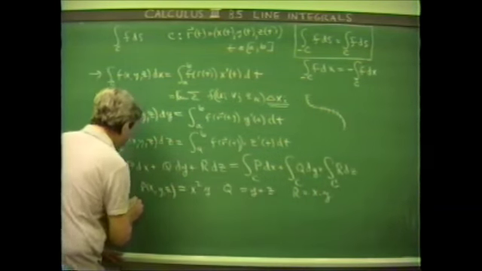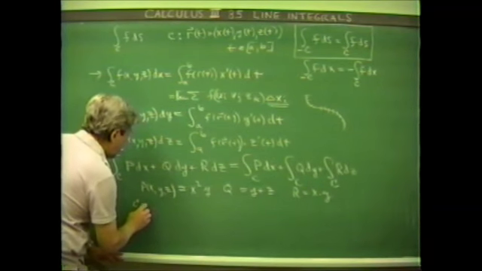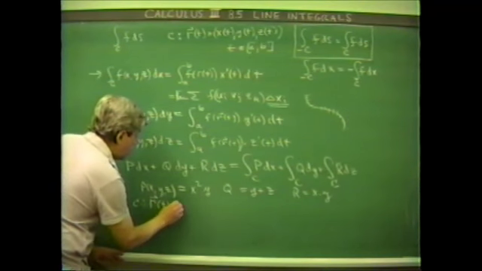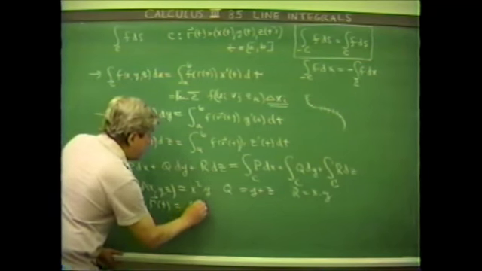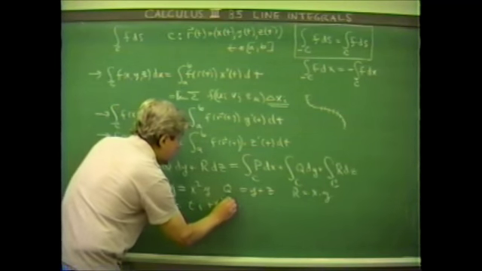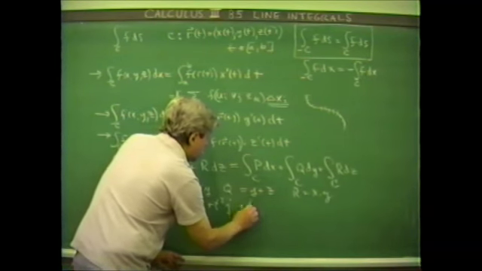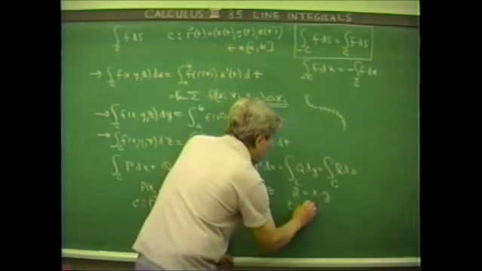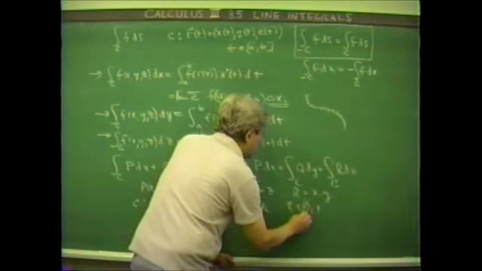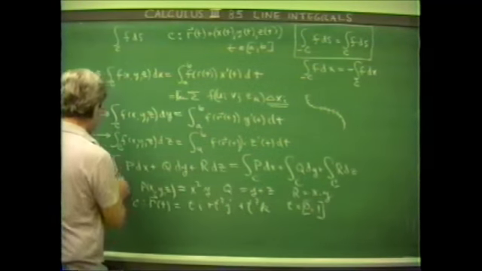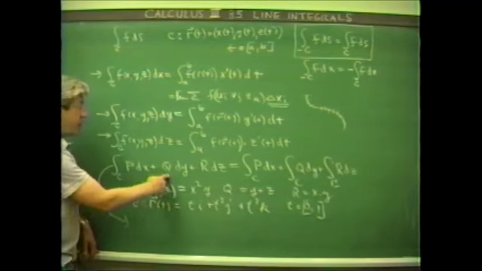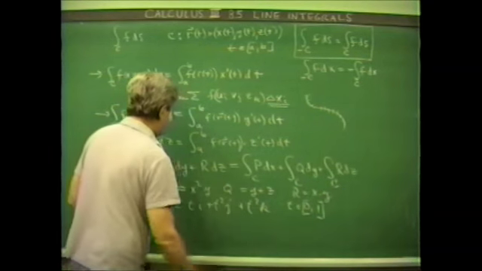And let our curve c be given by r of t equals t i plus t squared j plus t cubed k with t in [0, 1]. We want to evaluate the integral along this curve c of p dx plus q dy plus r dz.